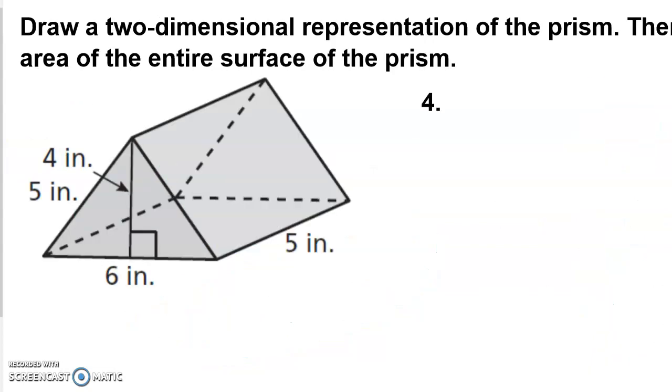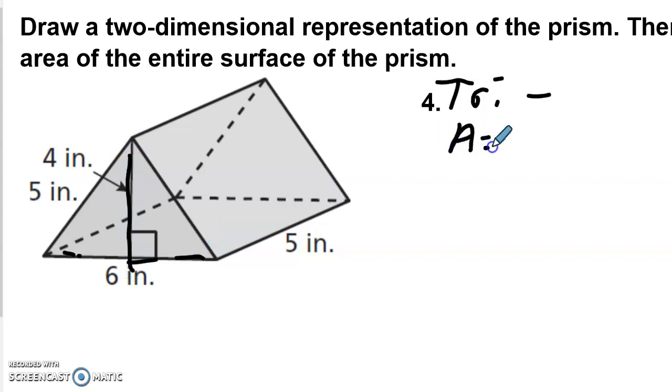Okay, so this one is also a triangular prism, but you probably notice it looks a little bit different. This is not a right triangle, it's just a regular triangular prism. So like always, I'm going to start with my triangles. What I know here is the base is 6 and the height is 4.